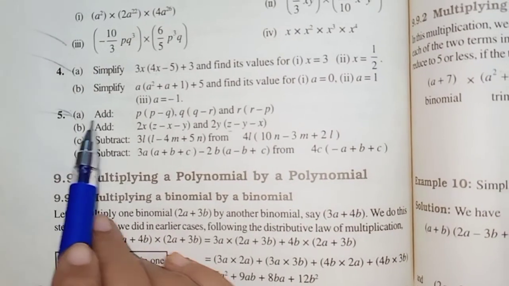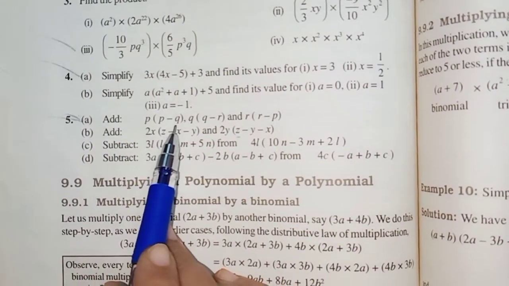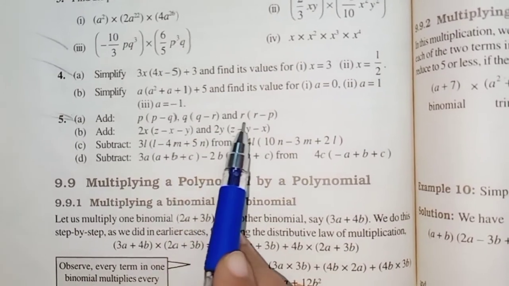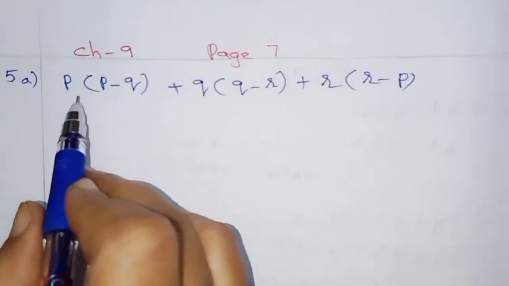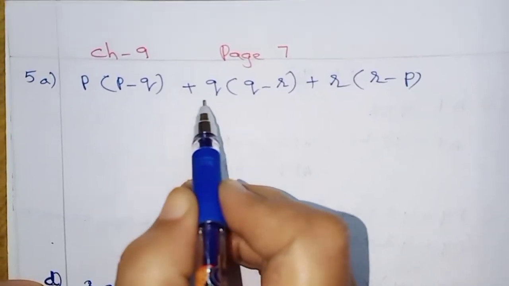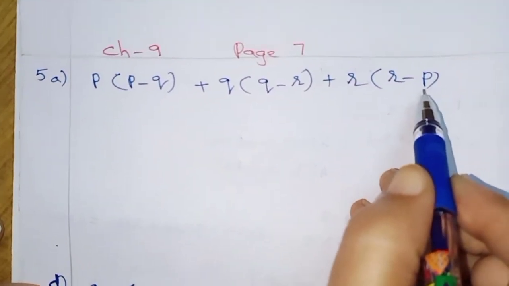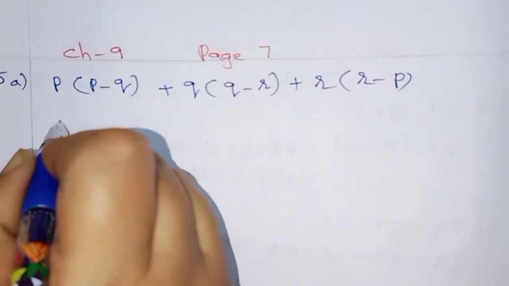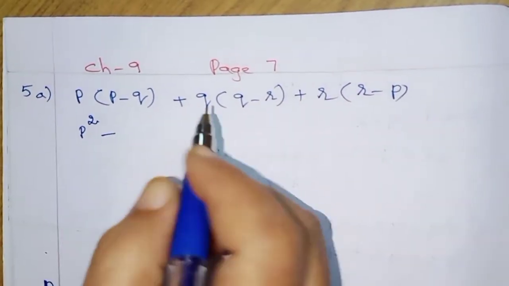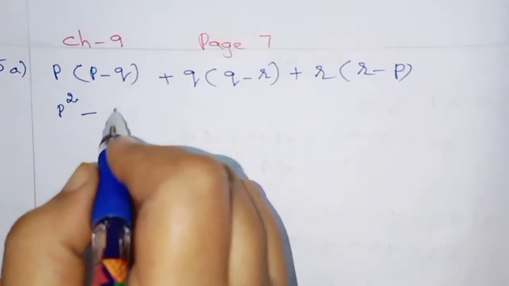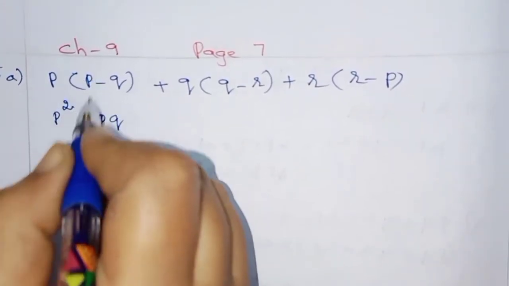Fifth one, add P into (P minus Q), Q into (Q minus R) and R into (R minus P). P into (P minus Q) plus Q into (Q minus R) plus R into (R minus P). P into P is P square, minus P into Q is PQ. Plus into minus is minus.